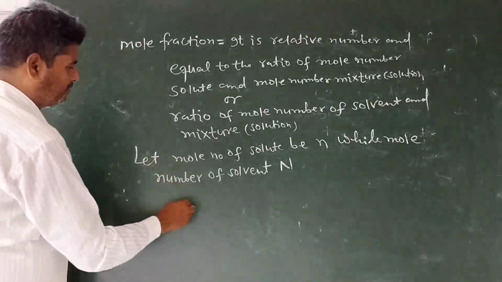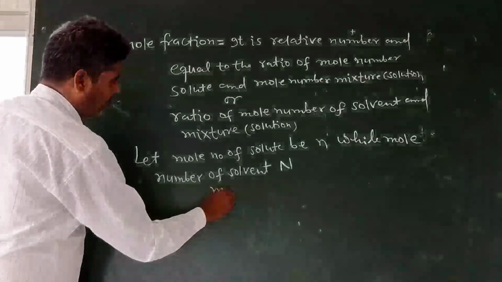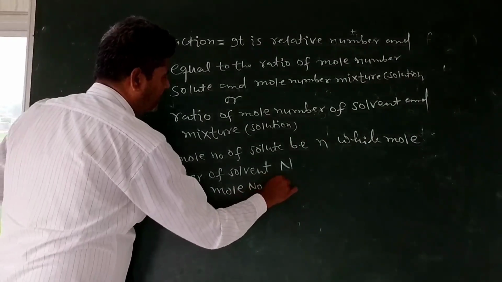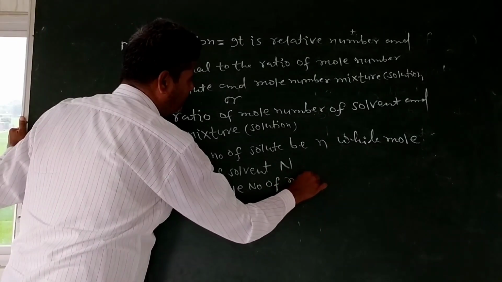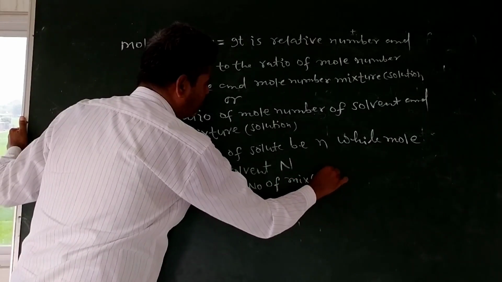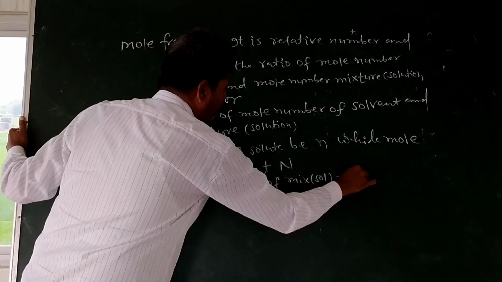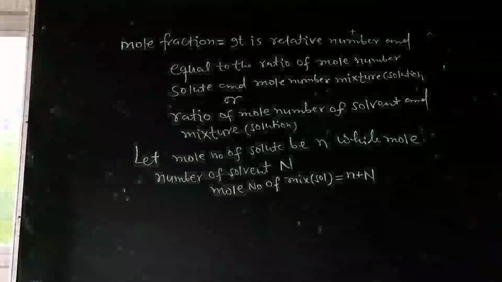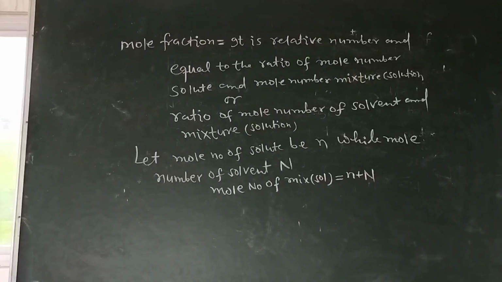So mole number of mixture, that is solution, is equal to n plus N. After that, mole fraction will be obtained.